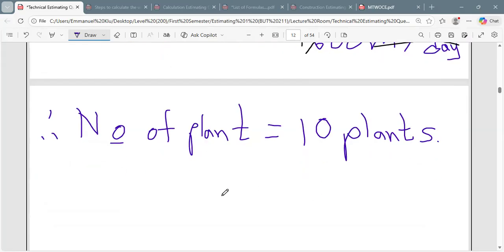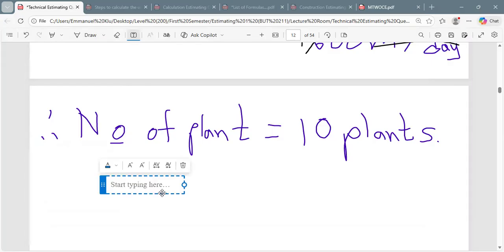Therefore, he has to use a single plant with an output of 6,000 meters squared, or use 10 plants with an output of 600 meters squared per day. I wish I could type this over here. Let me change the font size.